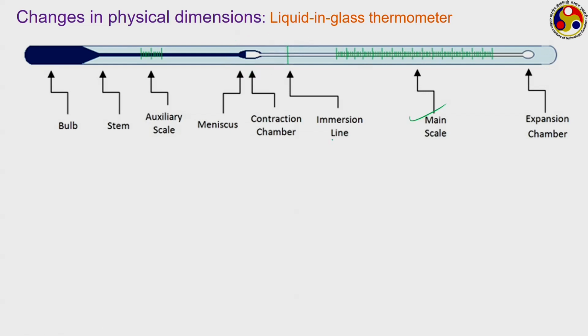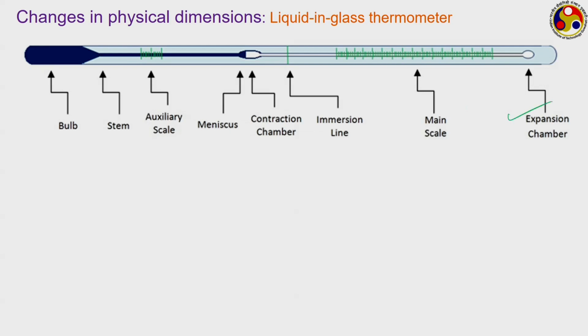Certain thermometers may also have the immersion line, which is this one. This refers to the height up to which the thermometer must be immersed to get a proper measurement. So, if we are using this particular thermometer, then starting from the bulb up to this line, we want it to be immersed into the zone of application, and the rest will be open to the atmosphere. And finally, we have this expansion chamber, which is a compulsory part present in any thermometer.